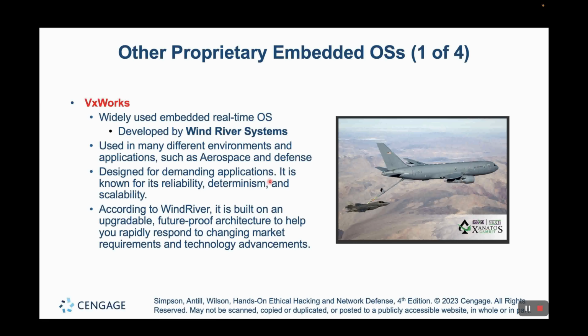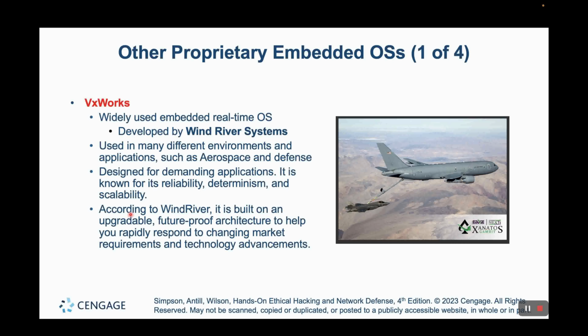Designed for demanding applications, it is known for its reliability, determinism, and scalability, which is why it is very attractive to many companies to use it in their systems. Now, according to Wind River, it is built on an upgradable, future-proof architecture to help you rapidly respond to changing market requirements and technology advancement.